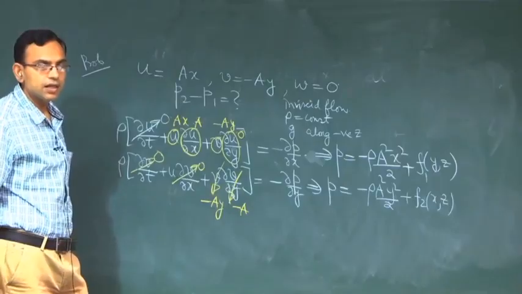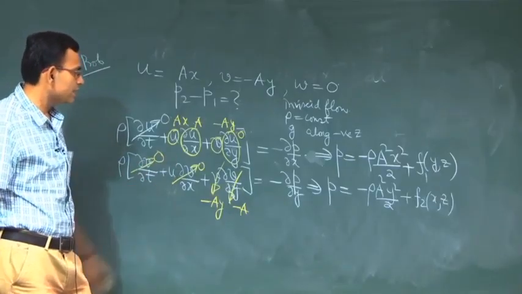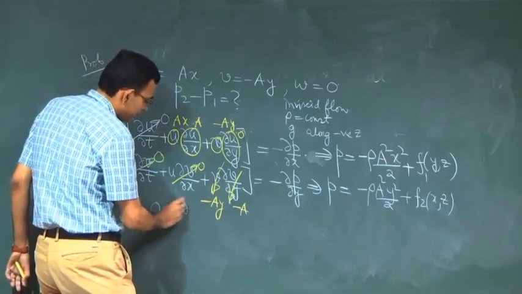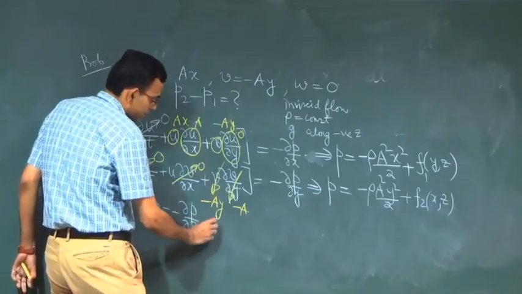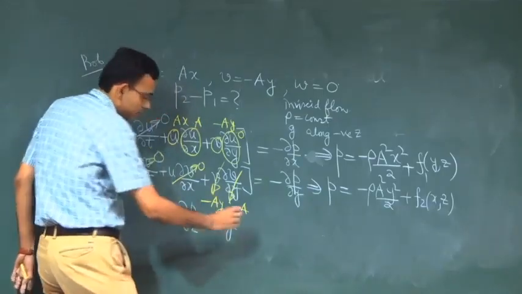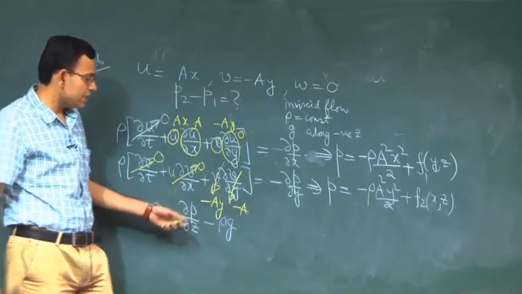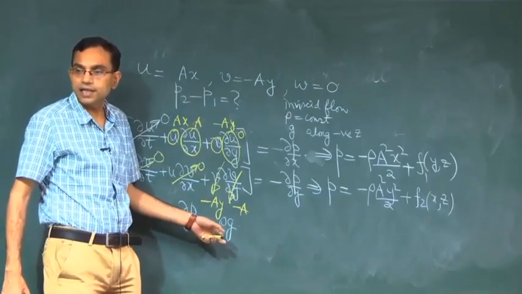What is the third equation? W is not there, so 0 is equal to minus the pressure gradient along z minus rho g. So, essentially this is an equation of hydrostatic pressure variation or fluid statics.